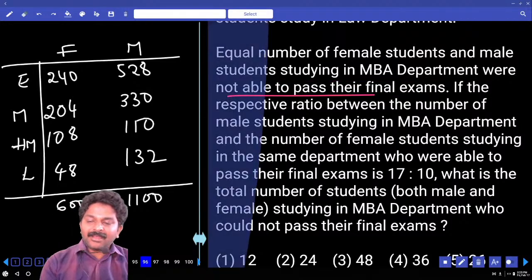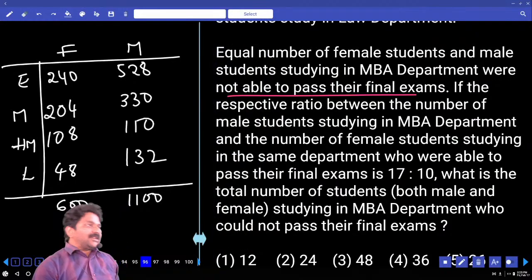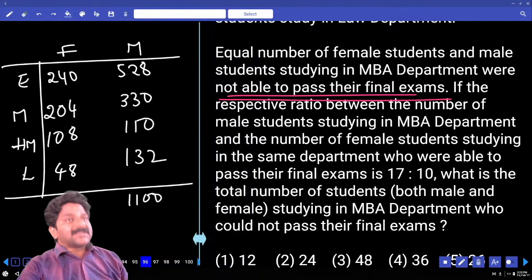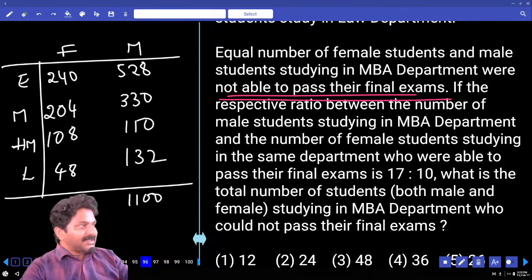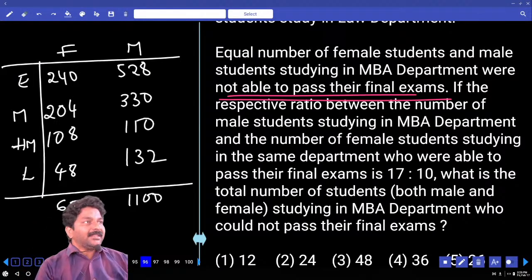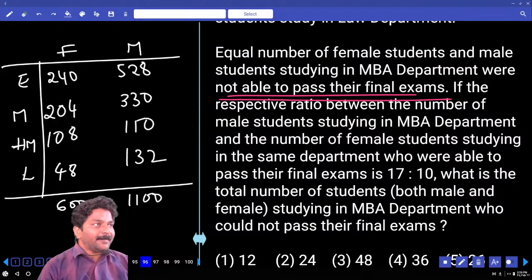When you write the exam, there are only 2 cases: either you pass or fail. If those who are not able to pass are equal in boys and girls, then in the grand total, whatever difference we have is between the passed candidates only.